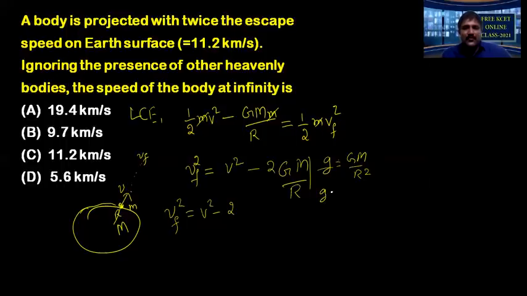So instead we can go for g r square equal to GM. This is on the Earth's surface, so we can use g r square in place of GM. Then the numerator is g r square upon r, the denominator has one r, and this r square and this r can be cancelled.